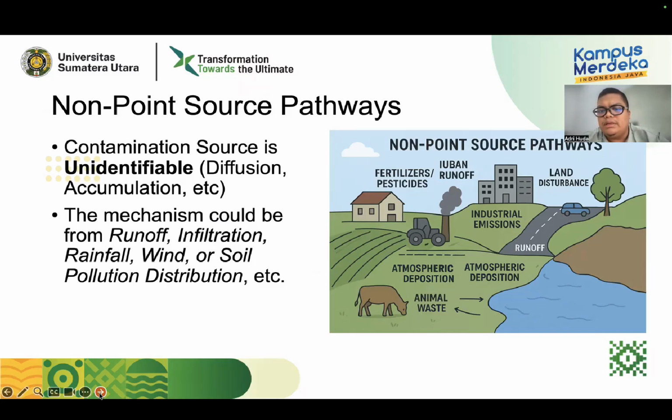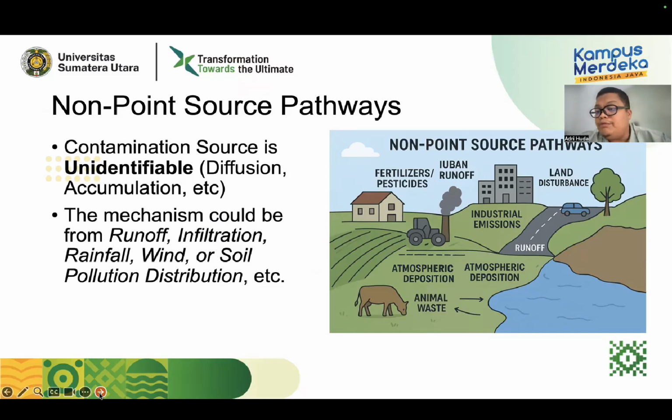It could be from agriculture, from household wastewater, or from industrial wastewater. So this kind of pollution cannot be identified in a simple way, but if you do a comprehensive investigation of where the organic matter is coming from, it could be identified. But mostly with non-point source pathways, the source of contamination or pollution is unidentifiable.